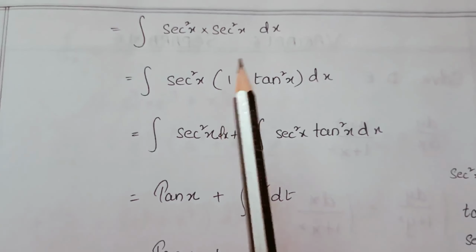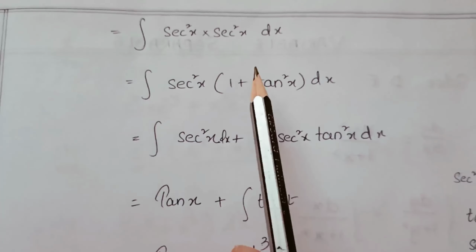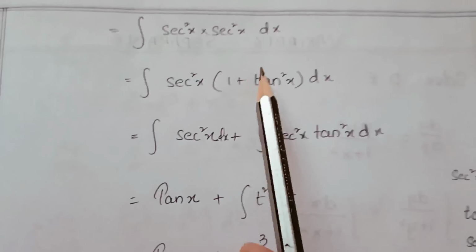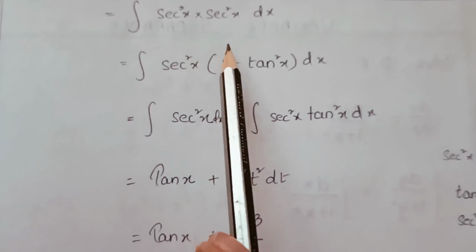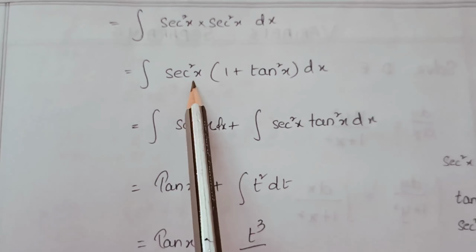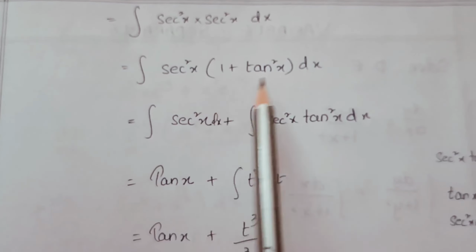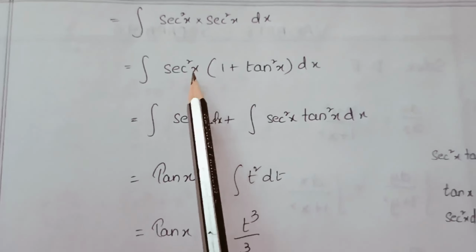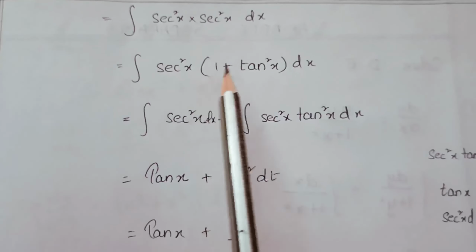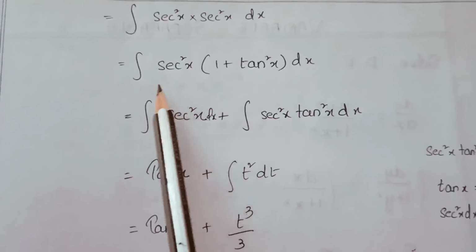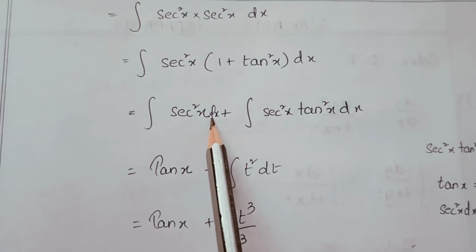See, secant power 4 x can be written as secant square x into secant square x. One secant square x stays the same, and the other we can write as 1 plus tan square x, dx. Multiply: secant square x plus secant square x into tan square x. Now give integration and dx also.